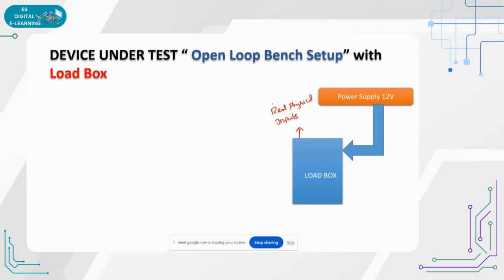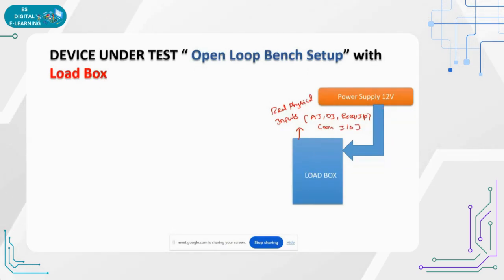With CANoe we are doing simulation. Here the load box consists of all the analog inputs, digital inputs, and pulse frequency inputs we can give, and moreover the communication IOs. So we are doing it from the load box.